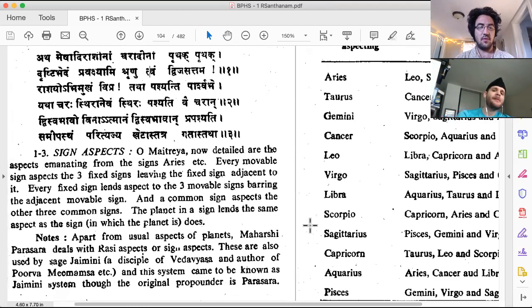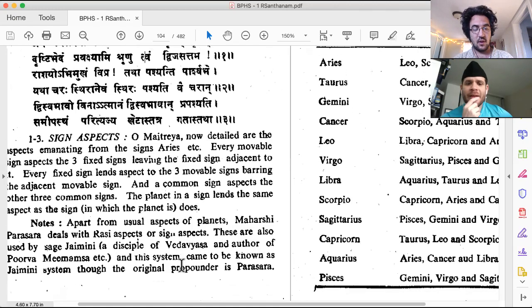I mean, again, this is more of the mythological idea that this is Parashara, and Jaimini was a student of Parashara's son or disciple, something like that. Down here he talks about it, the disciple of Veda Vyasa. Veda Vyasa, yeah, he was the one who wrote the Mahabharata. Right, okay.